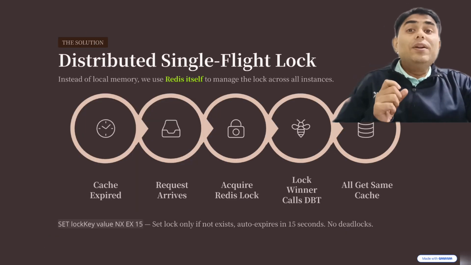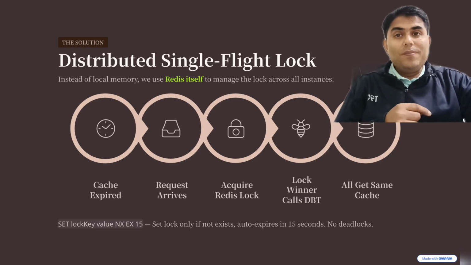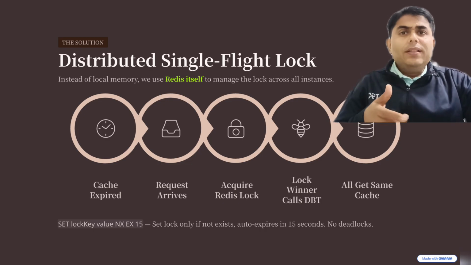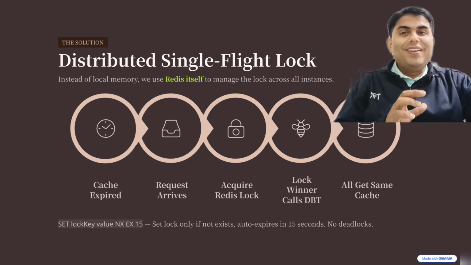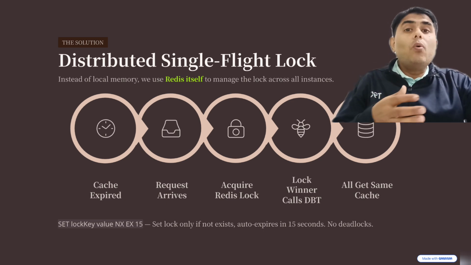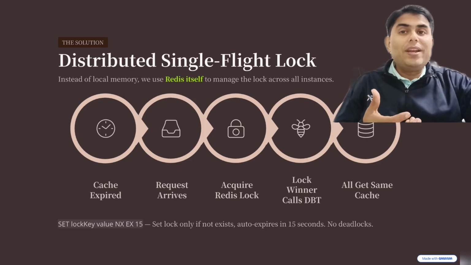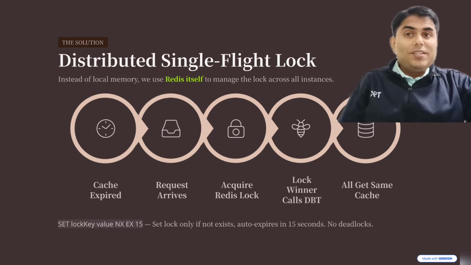In that case, with 10 requests, one request gets the lock and calls the DVD API, the other 9 requests wait, and the cache is updated. Then all 10 requests get the same data from the cache. So what is the benefit after implementation?